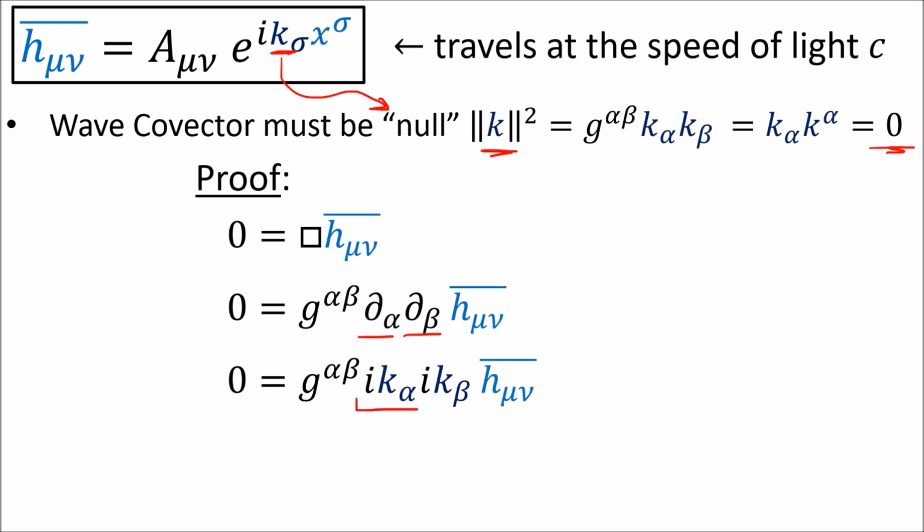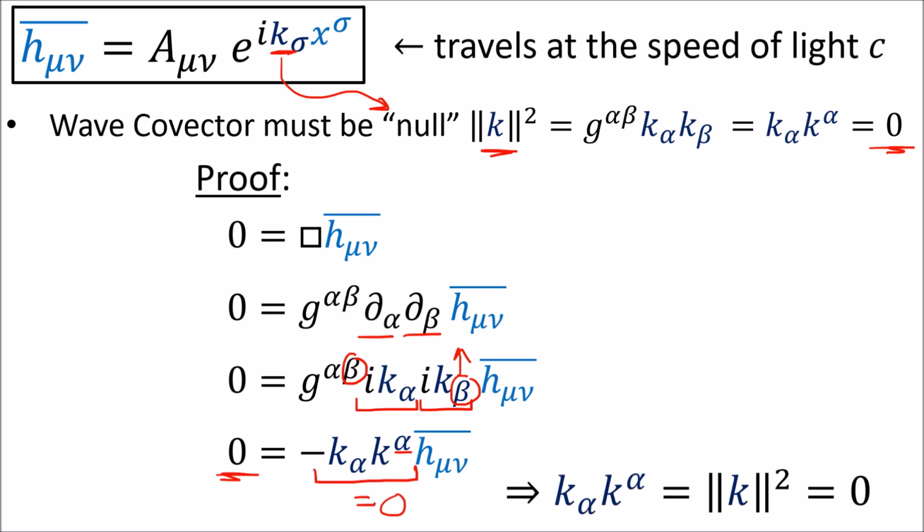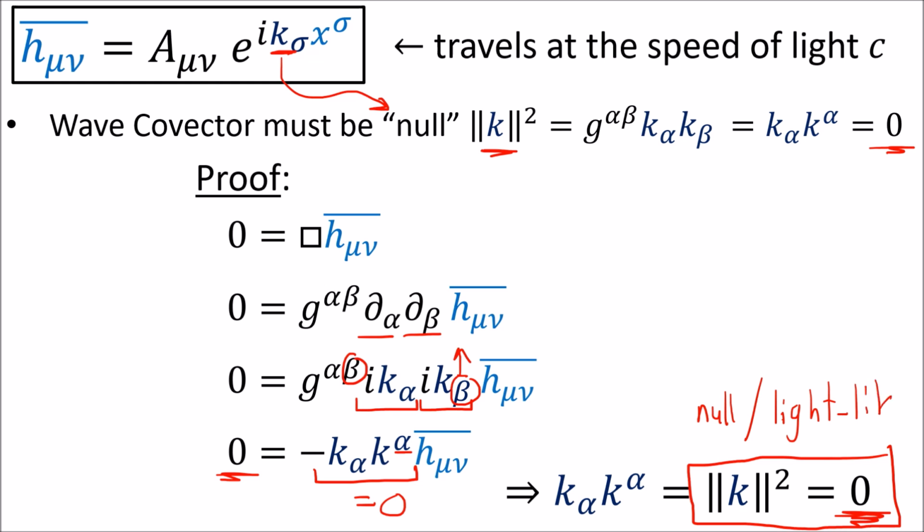These each give us a factor of the imaginary i times k. i times i gives -1, and the metric can be used to raise one of the indices on k. Since all of this is equal to 0, we're forced to conclude that the squared magnitude of the wave covector k must also be 0. So the wave covector, or equivalently the wave vector, both have a squared magnitude of 0, so they are null or light-like.